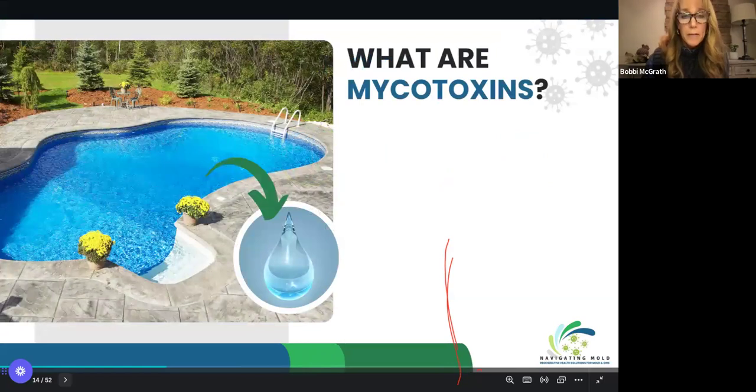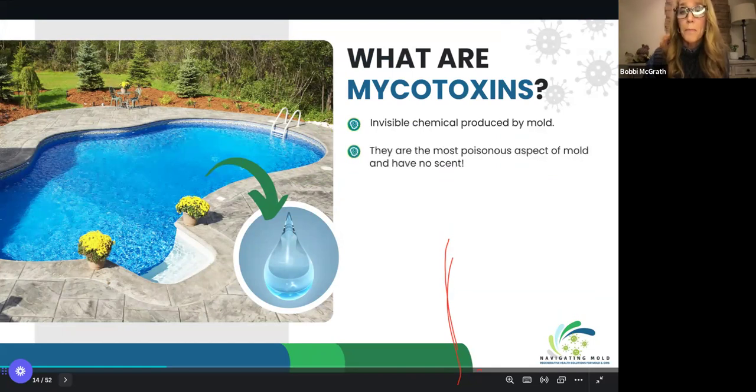What are mycotoxins? They're not mold, they're coming from the mold. Mycotoxins are incredibly small. That's why we showed you this picture of just one little drip in a pool, to give you a good visual. It's an invisible chemical produced by the mold, and it's the most poisonous aspect of the mold. And the thing about it is it does not have a scent. It cannot be killed, and therefore it's not like mold.